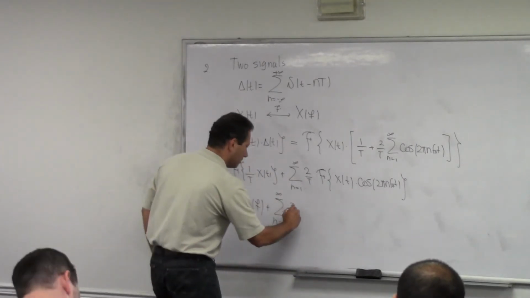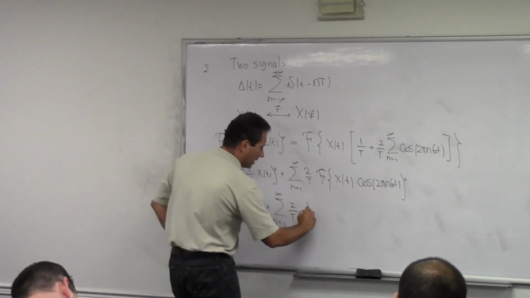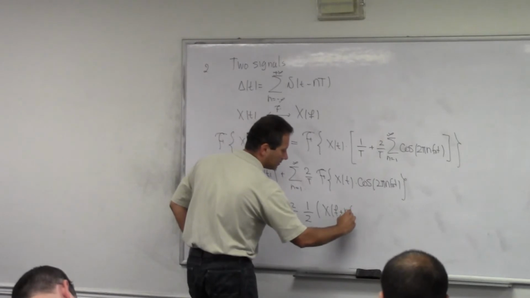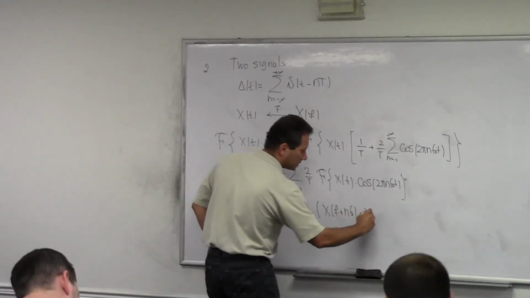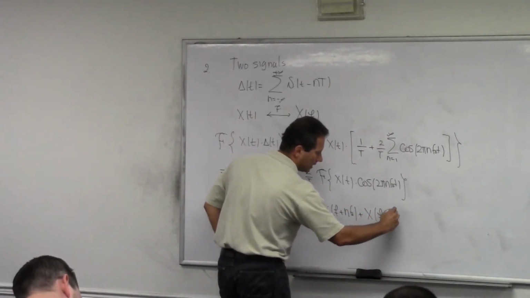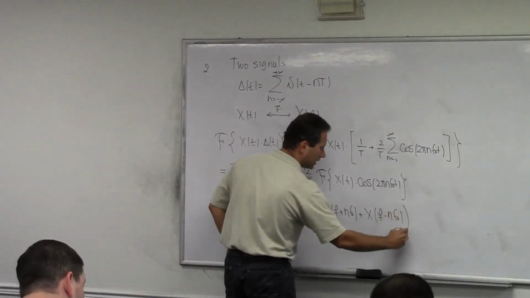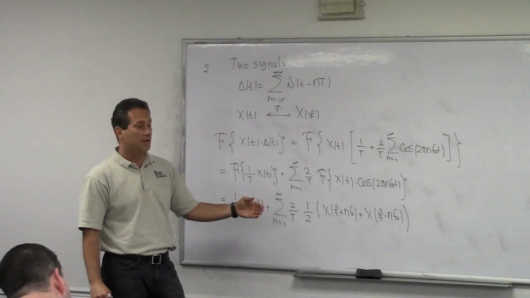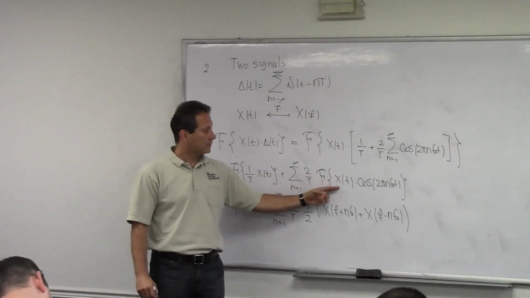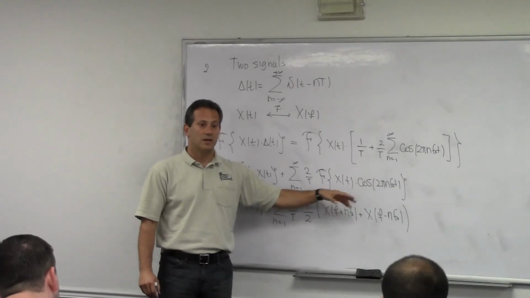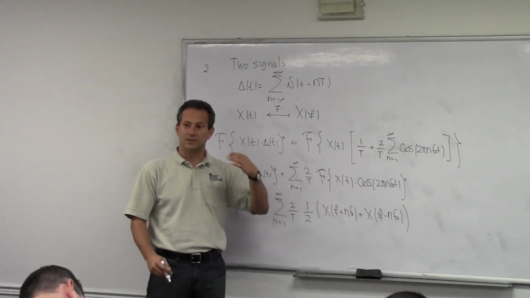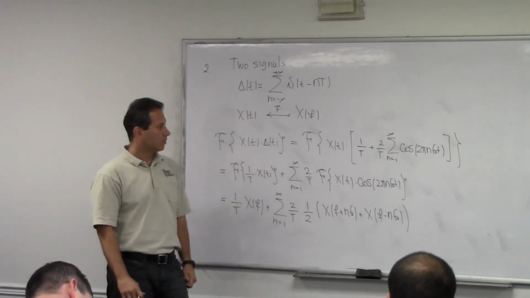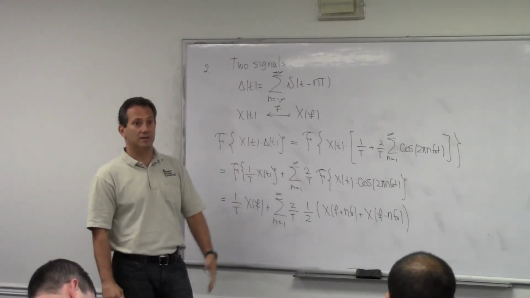And we know that this is 2 over t times 1/2 x of f plus n f0 plus x of f minus n f0. We proved this last time. We call this the modulation property of the Fourier transform, saying that multiplying the signal with the cosine translates the spectrum of the signal from the baseband to the portion of the spectrum that's centered around the carrier frequency.